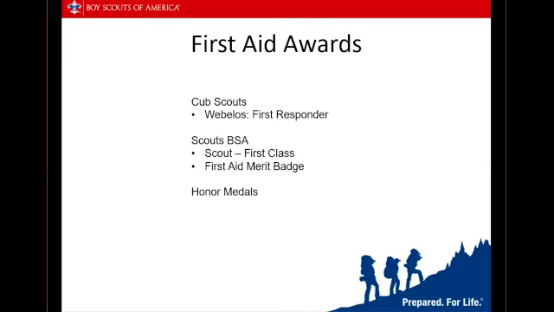So, there's that you provided CPR to somebody with no risk to yourself, then moderate risk to yourself, and then serious risk to yourself. These are available for adults and youth.